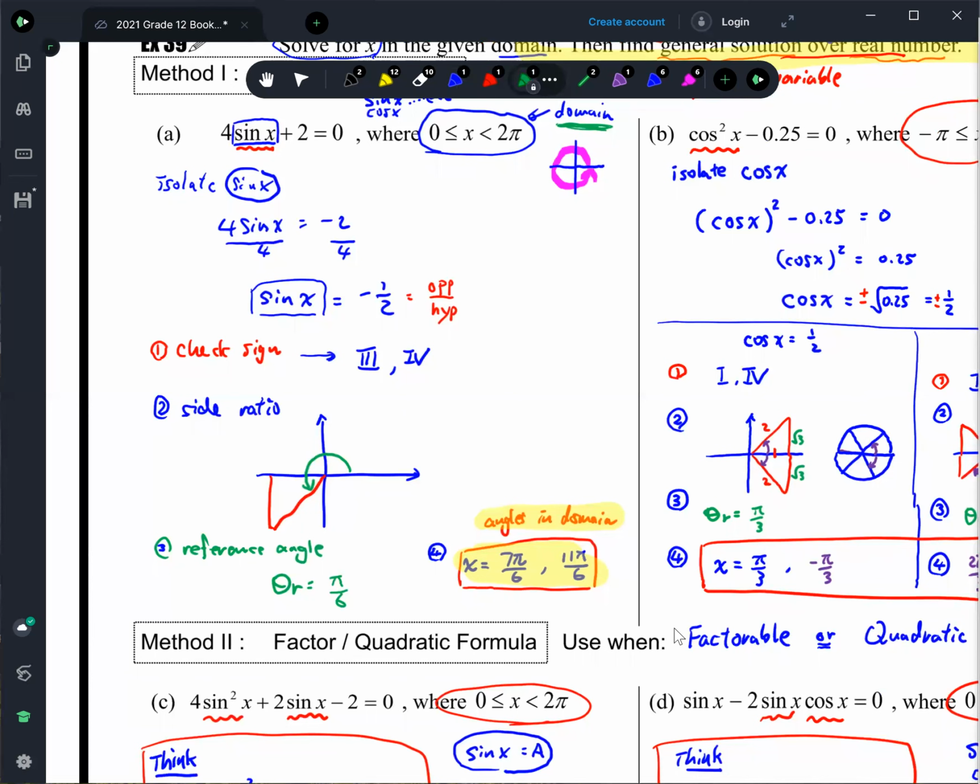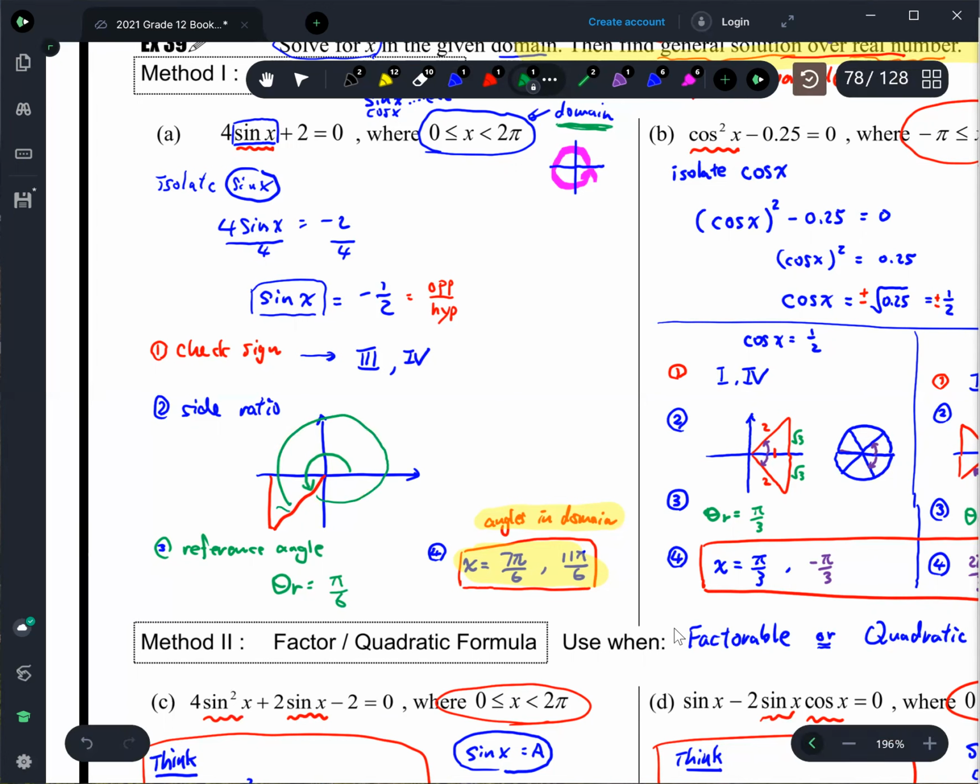So general solution means I want to keep on getting to the same place. For example, if I want to get to quadrant 3, all I need to do is make one more turn. I will still get to the same quadrant 3. Making one more turn is like adding 2 pi. 2 pi is 360 degrees, one circle. So if you add 2 pi, you get back to the same place and get the same ratios.